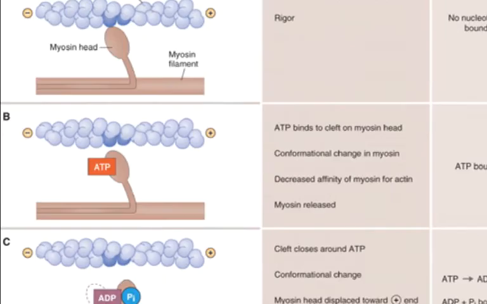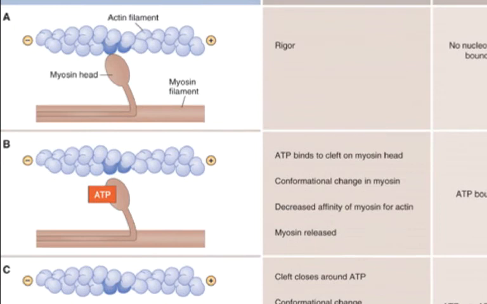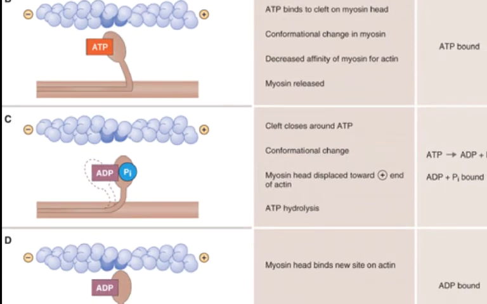This is what you saw in the very beginning. You have to realize that we have thousands of these heads of the myosin. Some are in this position, some in this position, some in this one, and so on and so forth. I want you to think about this like a tug of war. When you are trying to pull the rope, you don't think that everybody at the same time is going to release the rope to grab a further point of the rope.